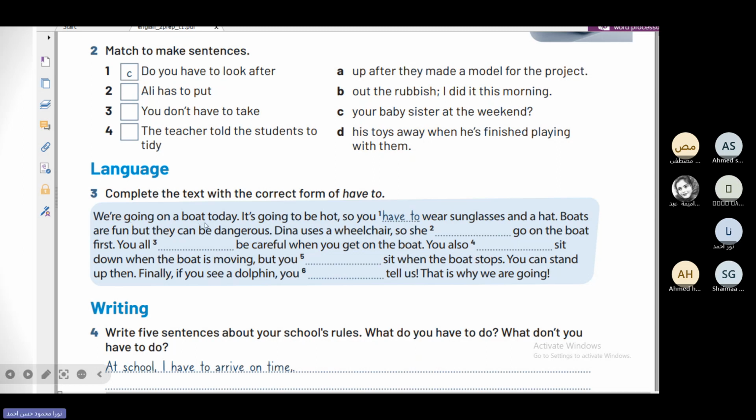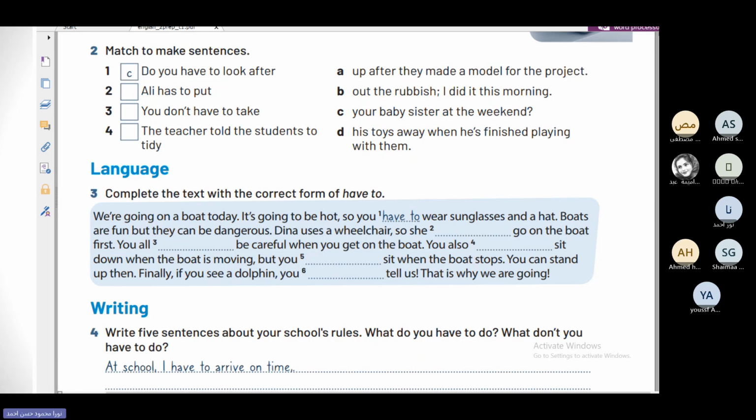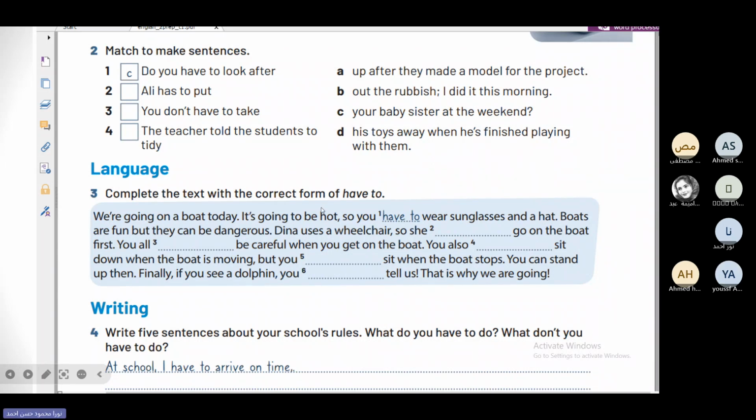We're going on a boat today. It's going to be hot. So you, of course, have to wear sunglasses and a hat. Why is that? Because it's hot. Boats are fun, but they can be dangerous. Dina uses a wheelchair. What do we mean by a wheelchair?